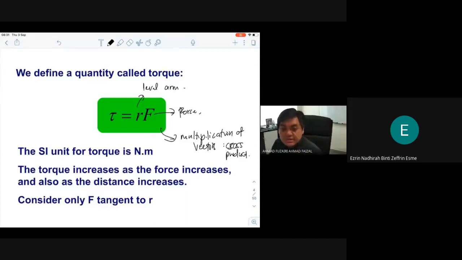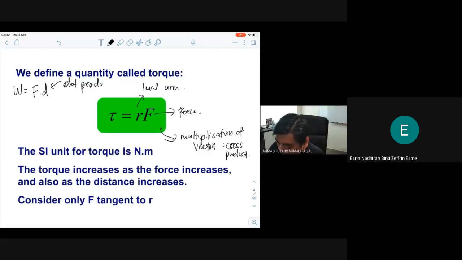It is a form of multiplication of vectors, but in this case, in the form of a cross product. We know that work is W equals F dot D. So this one is also a multiplication of vectors, but this one is the dot product.